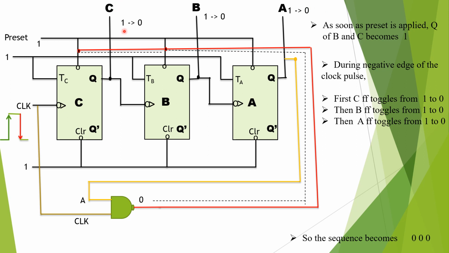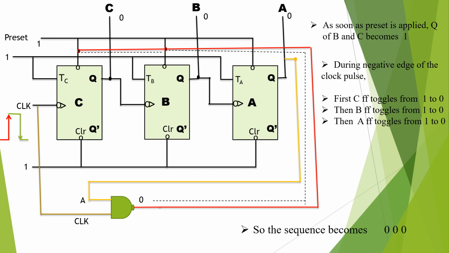Because when C toggles from 1 to 0, it acts as a negative edge for the B flip-flop. So its output changes, that is toggle from 1 to 0, which acts as a negative edge for the A flip-flop. So A also toggles from 1 to 0. So the sequence now comes to the initial state 0, 0, 0.